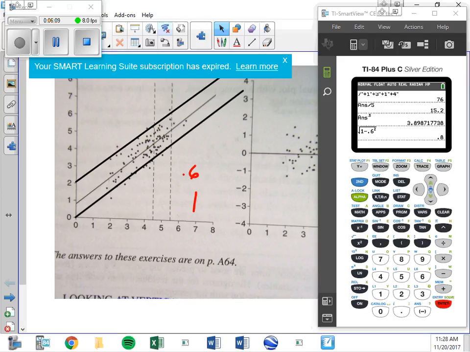All right. So the SD of the residuals is 0.6 because that is the RMS error. And then C, take the points in the scatter diagram whose x coordinates are between 4.5 and 5.5. Is the SD of their y coordinates about 0.6, 1 or 2? 0.6.